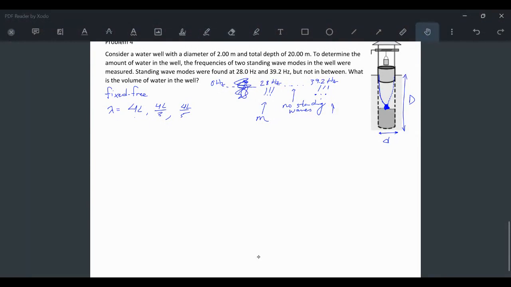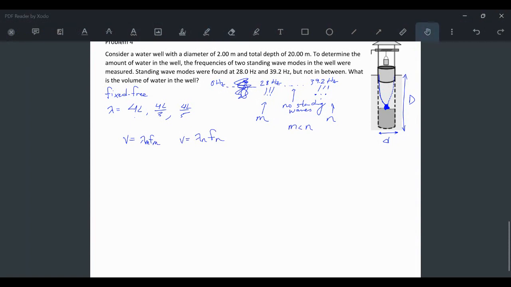And we're going to call this one n, and we're giving them two variables, and it will be important that we remember that m is less than n. Okay, so we can write down speed is equal to the wavelength times the frequency for both the m case and the n case. And keeping track of the m's and n's will be very important, and I'm not off to a good start.